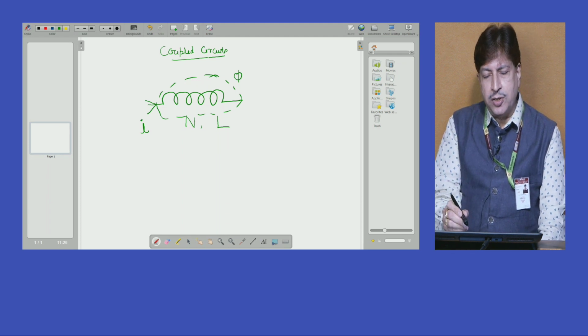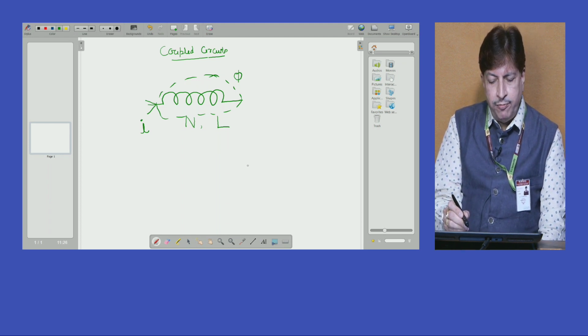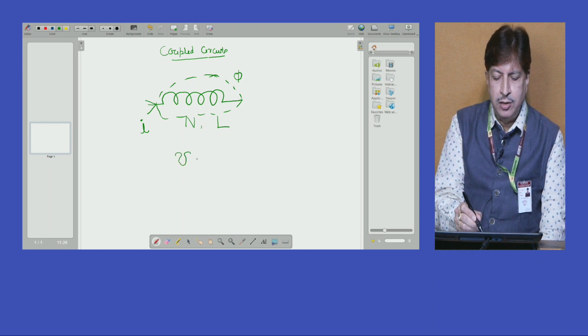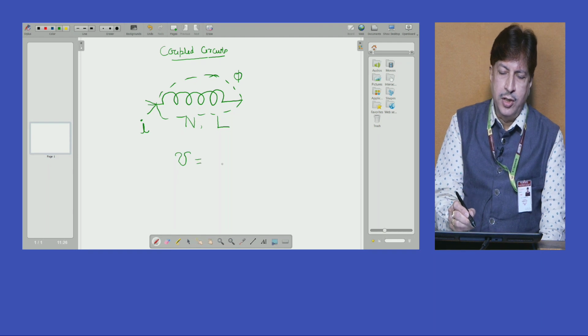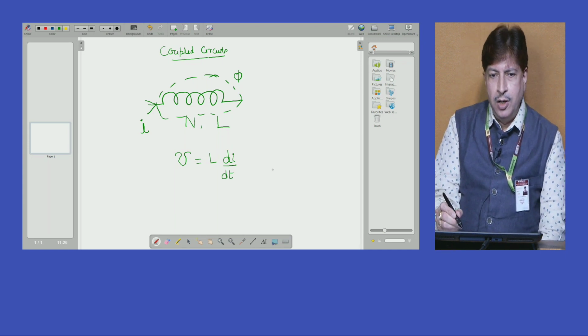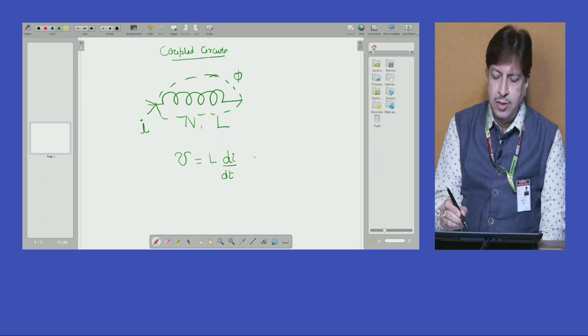When we express the induced EMF in the coil because of change of current, you know that induced EMF is given by L di by dt. The same induced EMF can also be expressed in terms of the change of flux, which is N d phi by dt.